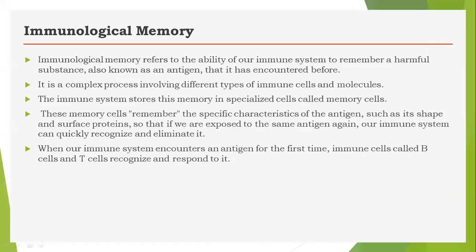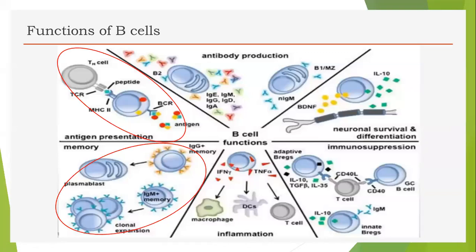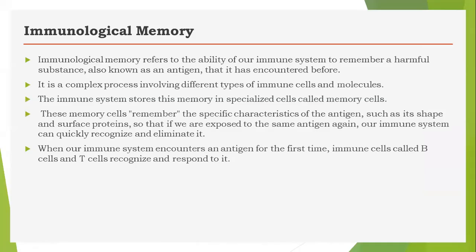Okay, so at this point, we are going to dive in and talk a bit about immunological memory. As you might know, immunological memory refers to the ability of the immune system to remember a particular antigen that it has been presented with. What is important to understand is that, as much as we don't talk much about memory, it is a quite delicate and complex process which requires a particular combination of cytokines and a particular environment.